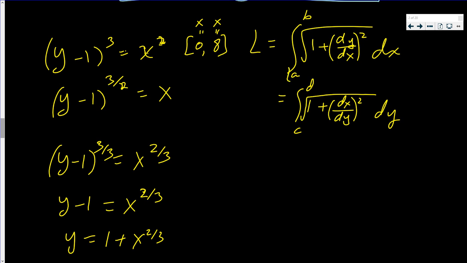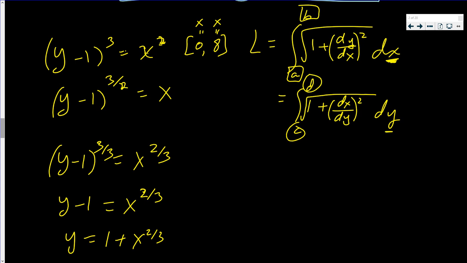Well, in that case, I know a and b. I know what I'm going from. I'm going from x equals 0 to x equals 8. Problem is that if I have y, then I don't know what it's going from.